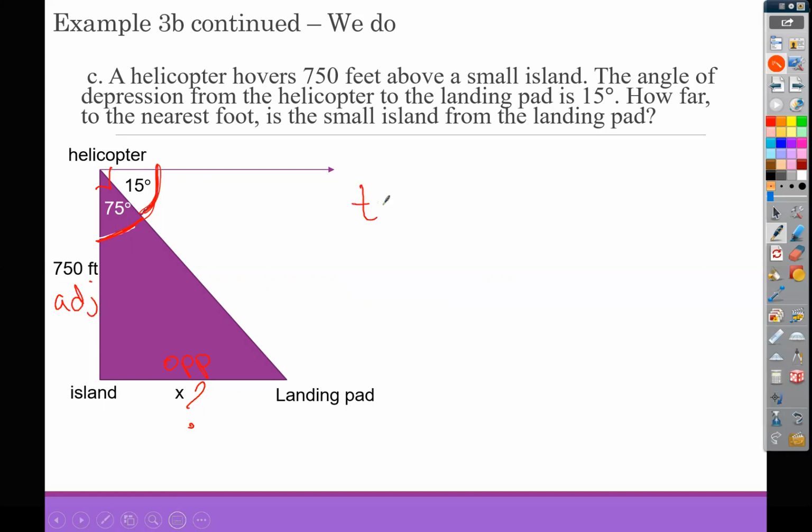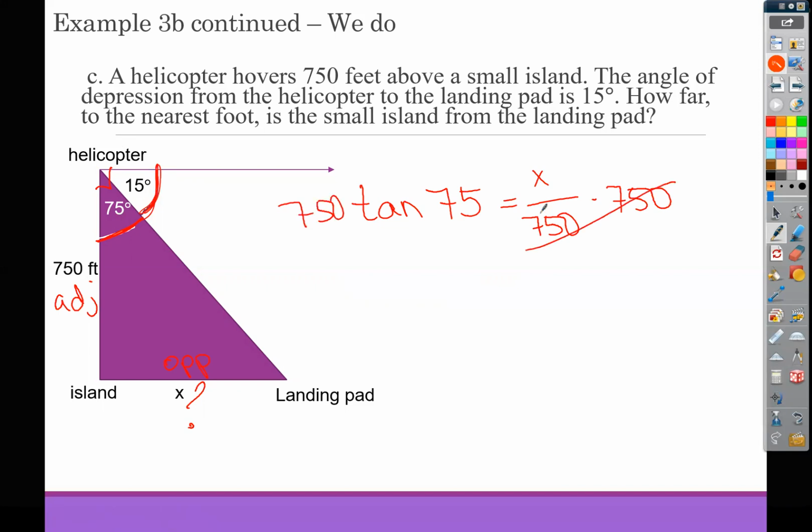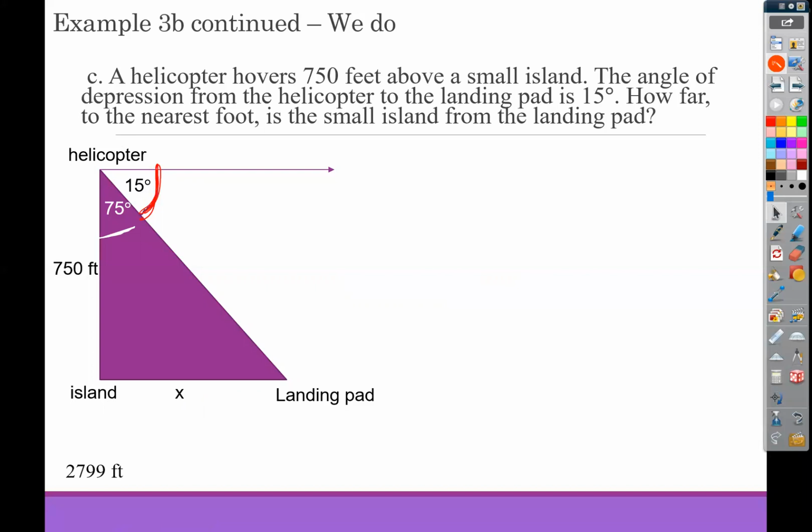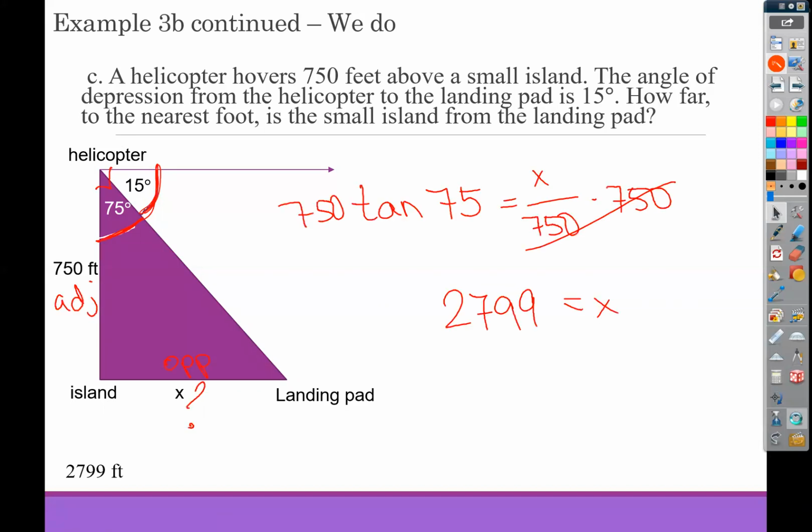So I say tangent of 75 equals opposite over adjacent. To solve, I multiply both sides by 750 in my calculator, and I get 2799 equals X. So it is 2,799 feet to the nearest landing pad.